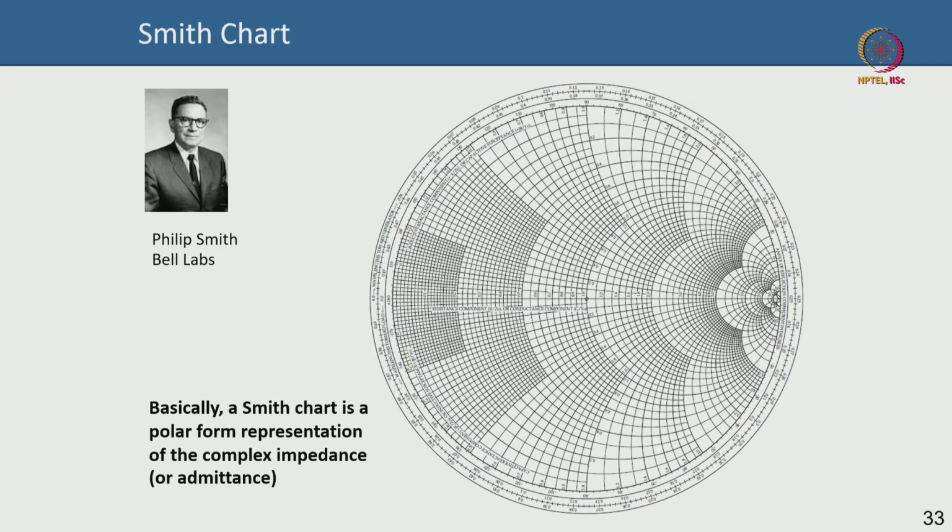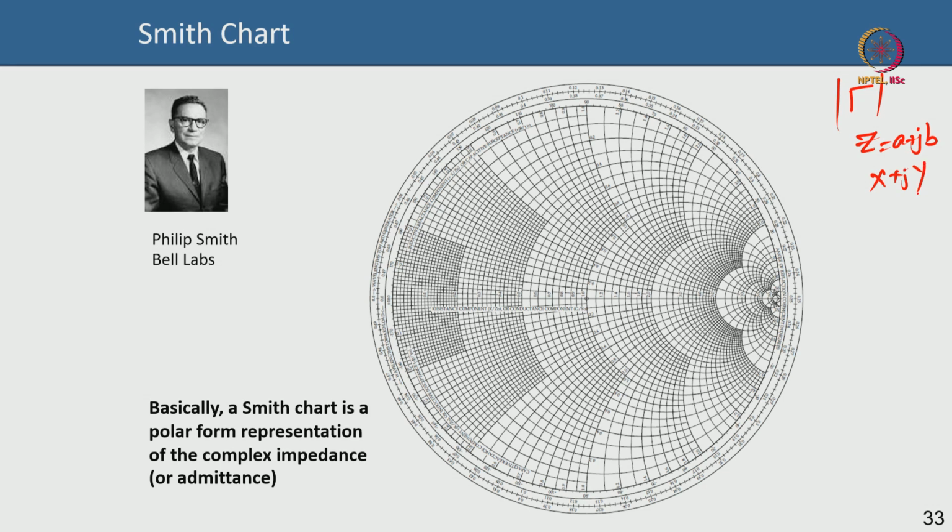So what is Smith chart? You remember the reflection coefficient gamma that we talked about in the last lecture. You are basically mapping the reflection coefficient on a polar form. You have an impedance which is typically complex, in the form of A plus jB, or X plus jY.